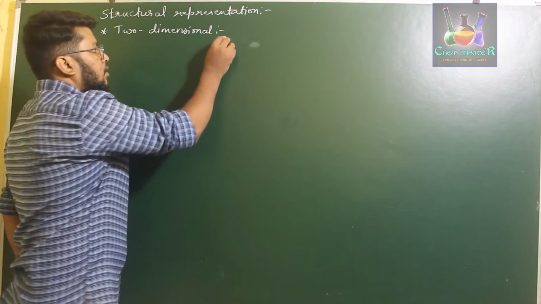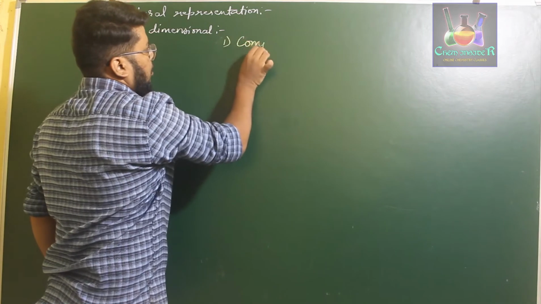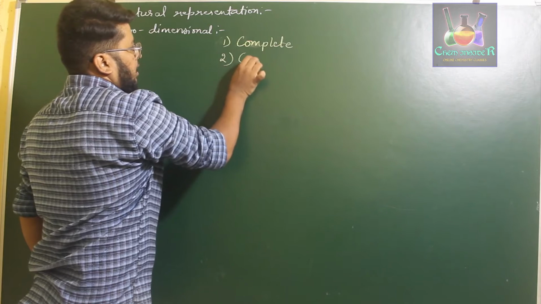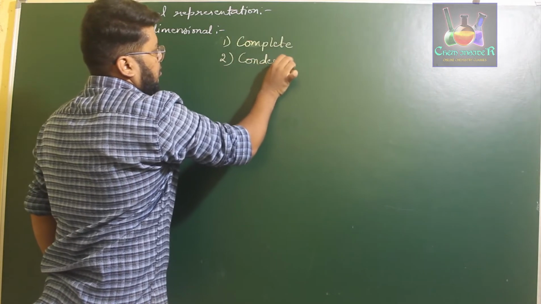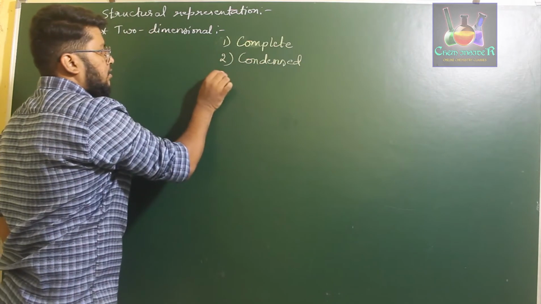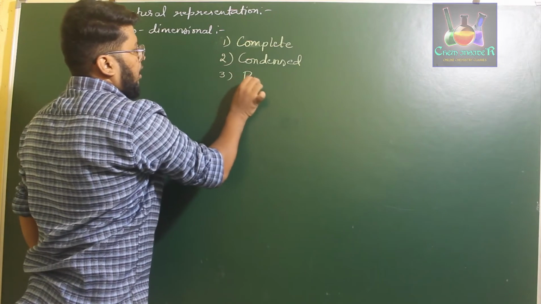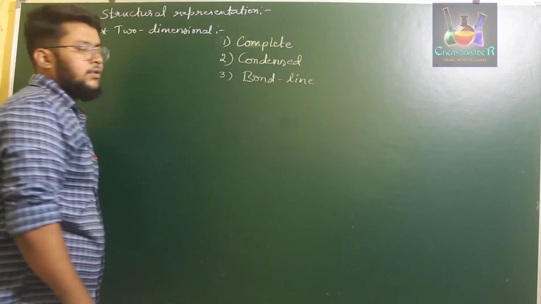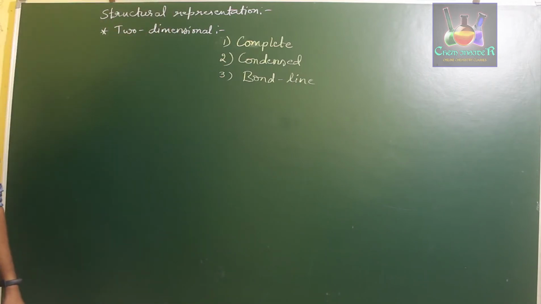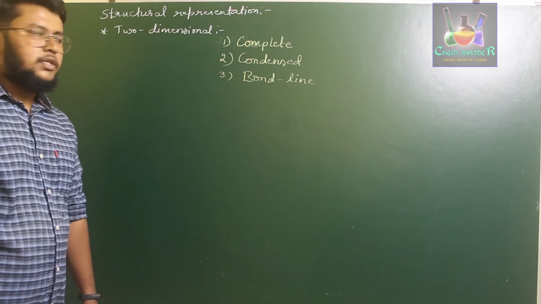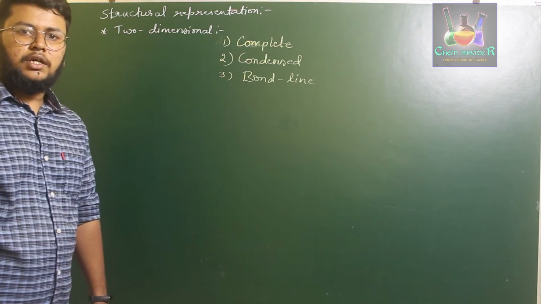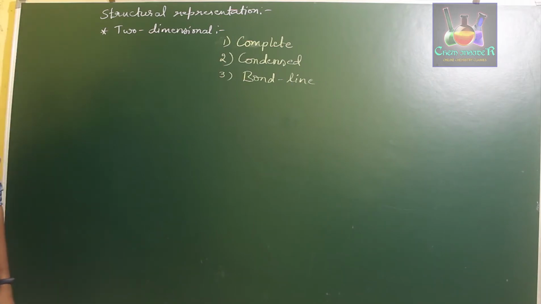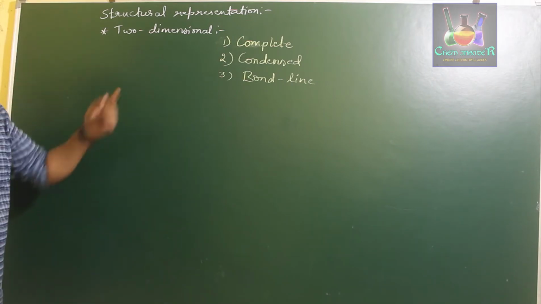So first one is complete form, that is also called complete representation. Second one is called the condensed representation, and third one is called bond line representation. So we have 3 types of 2-dimensional representation: complete representation, condensed representation, and bond line representation.